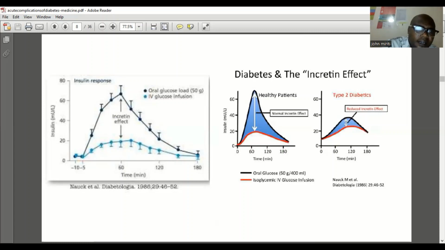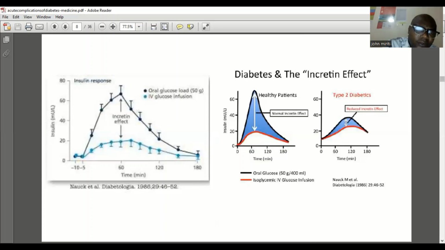The bright one shows the IV infusion, and you can see that the peak insulin was 20, and when you give 50 milligrams of oral glucose, the peak was around 60 to 70 at 50 minutes, and then it reduced and they were the same at 80 minutes.